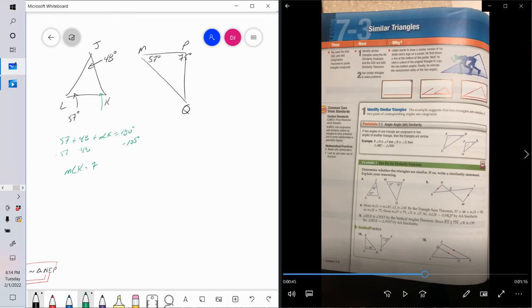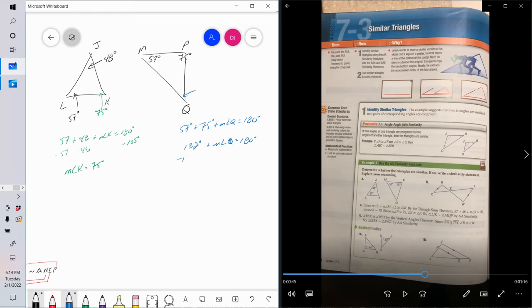The measure of angle K is 75 degrees. To find the measure of angle Q, 57 degrees plus 75 degrees, that's 132 degrees, plus the measure of angle Q is going to add up to 180 degrees.